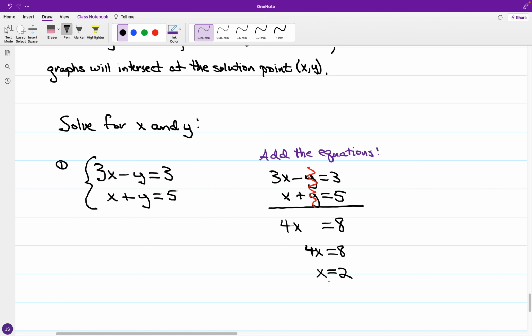Now that we got the value of x to be 2, I can plug in 2 for x in either of these equations. I think it might be quicker to go with x plus y is equal to 5, but you could do it likewise for the other equation.